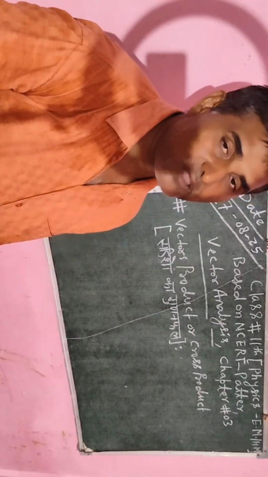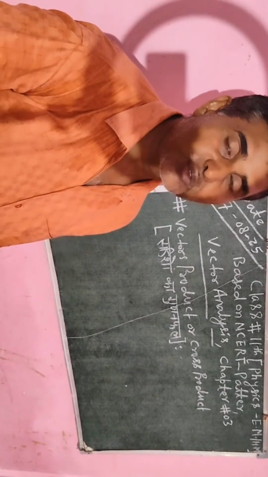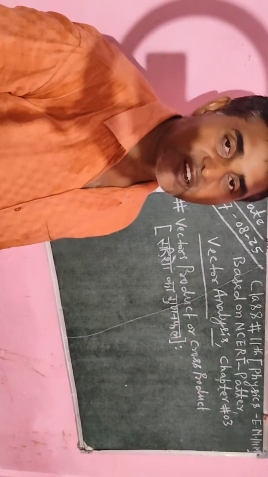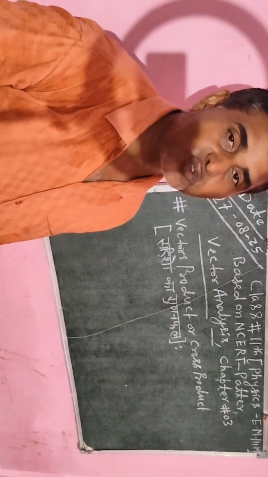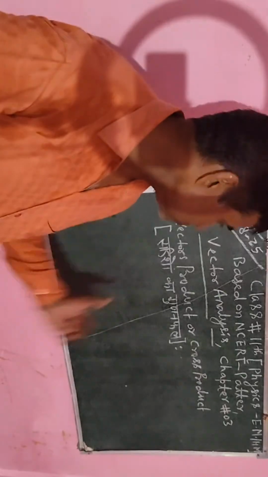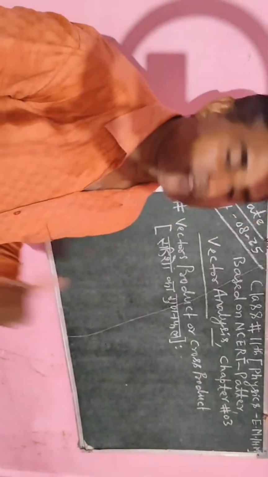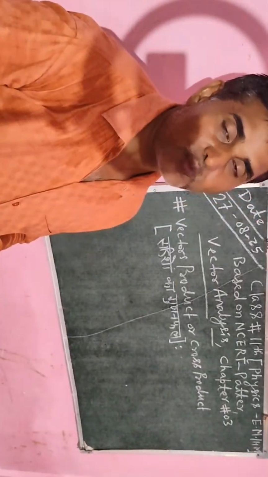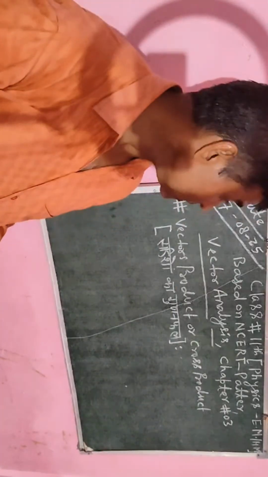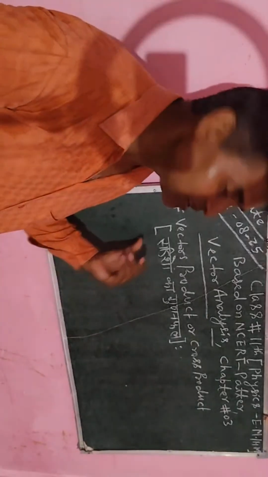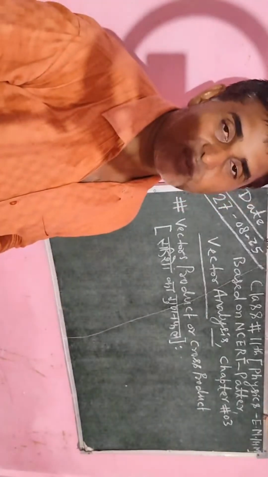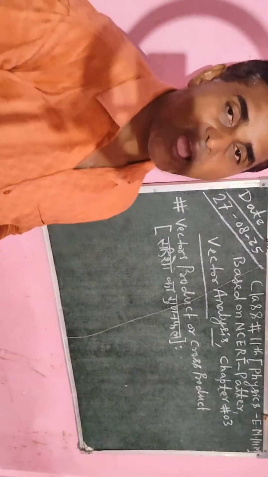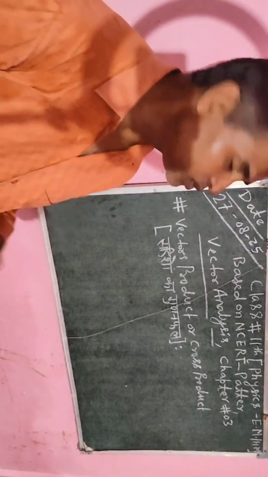I will define its concept, I will also write its general concept, and then I will also give some examples which are available on this topic. First of all, I am going to take some vectors, and for those vectors I will define how we take the cross product of two vectors.